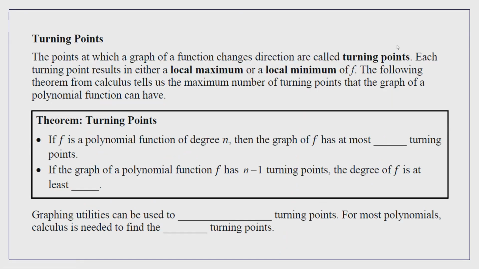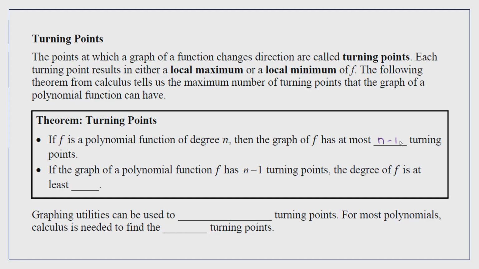Okay, turning points. So the points at which a graph of a function changes direction are called turning points. Each turning point results in either a local maximum or a local minimum of f. The following theorem from calculus tells us the maximum number of turning points that the graph of a polynomial function can have. So if f is a polynomial function of degree n, then the graph of f has at most n minus 1 turning points.